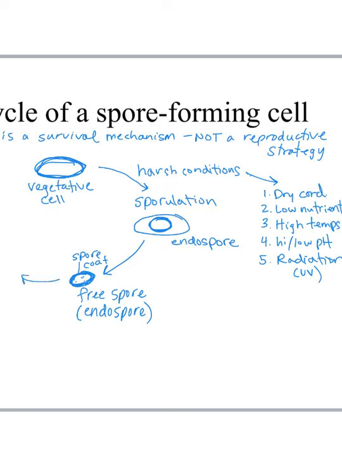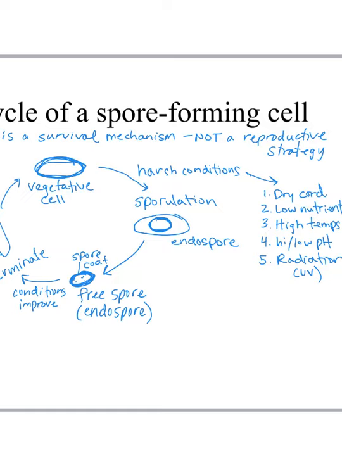Say conditions eventually improve. Nutrients become available, for example, then that spore or endospore would germinate back into a vegetative cell and continue on being metabolically active and reproducing into more vegetative cells.